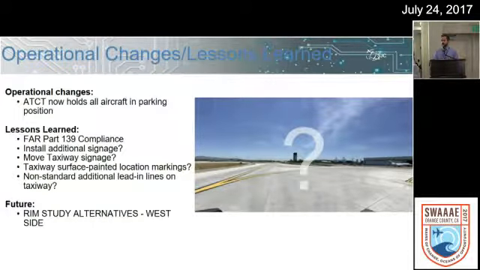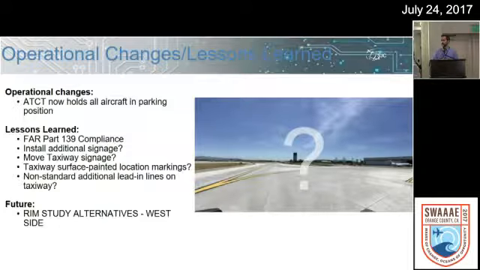And then another option that we get from the control tower coming back, they're saying, well, put a different colored lead-in line to the taxiway, and we know that's never going to happen. So we don't really have a lot of really good options. However, we are in the middle of the RIM study, as I mentioned. So there's a lot of good that could come out of that in the future, depending on who you talk to.